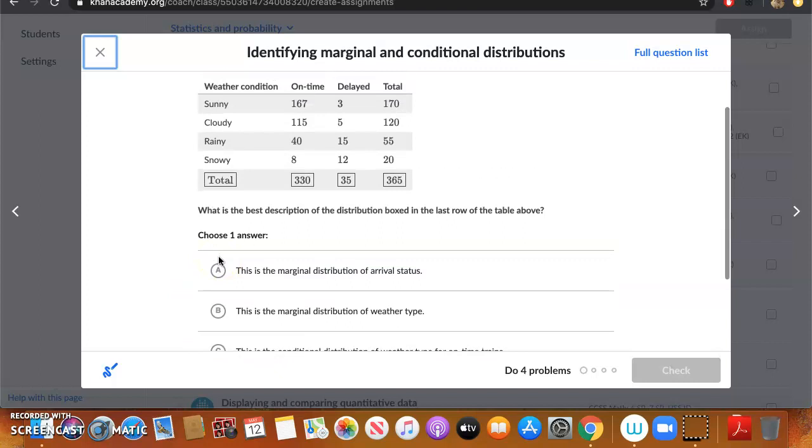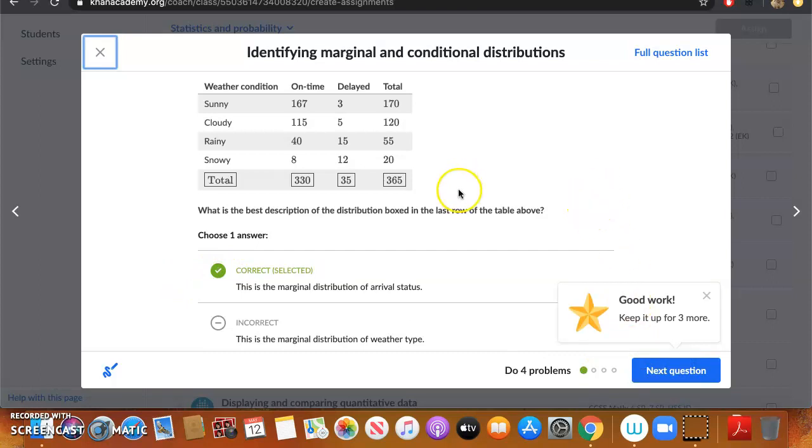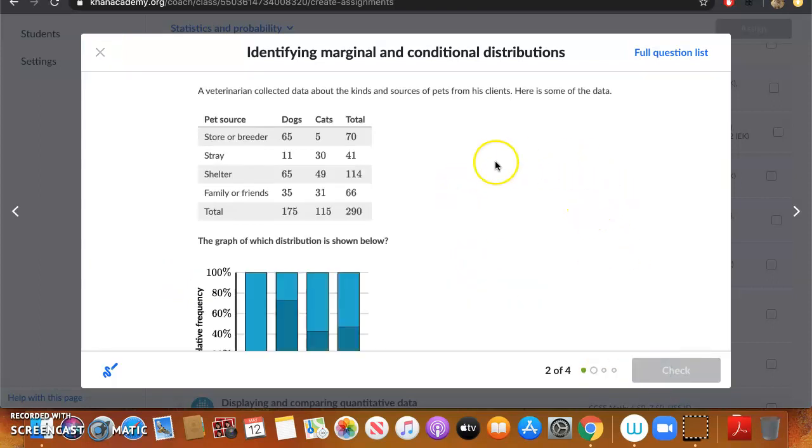As I told you, a big hint as to whether it is a marginal distribution is if it is on the margins. Totals are usually the numbers on the margins. So for this problem, A is the best choice, and that is correct. Okay, let's take a look at another one.